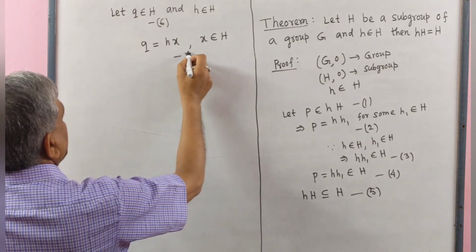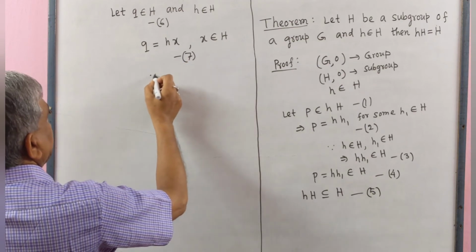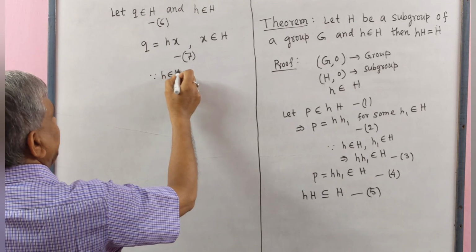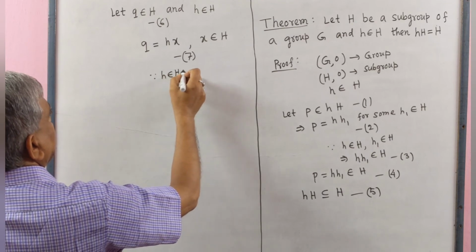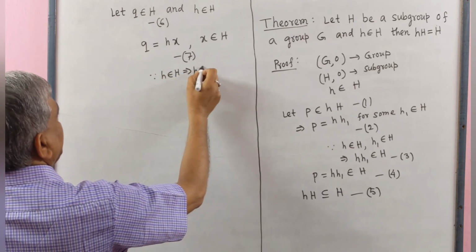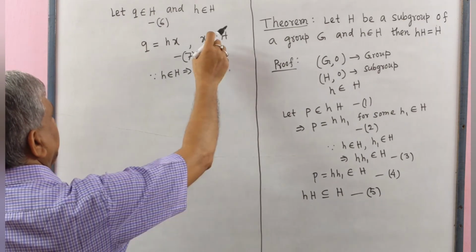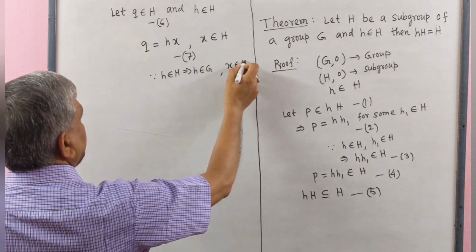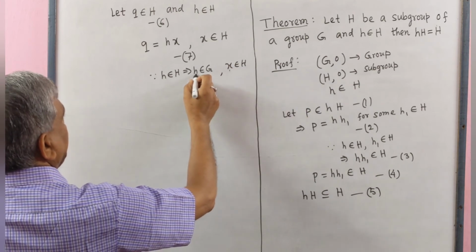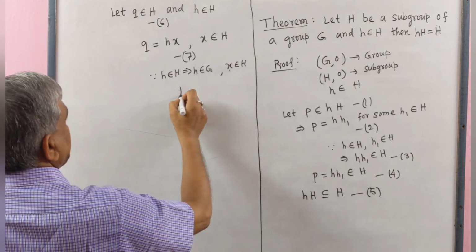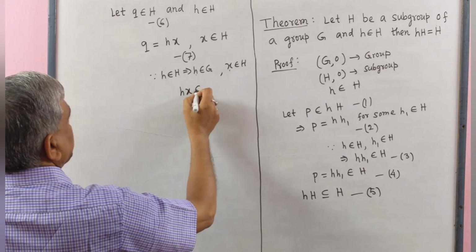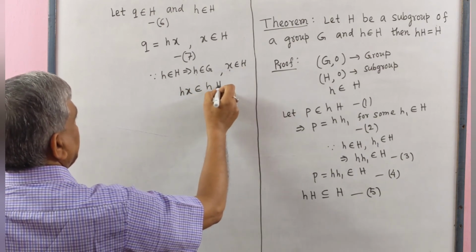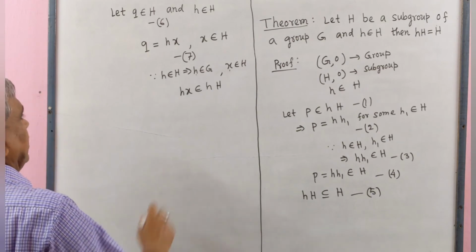This is number 7. Since small h belongs to capital H implies that small h belongs to G, and here x belongs to capital H. Therefore hx belongs to capital H left coset.